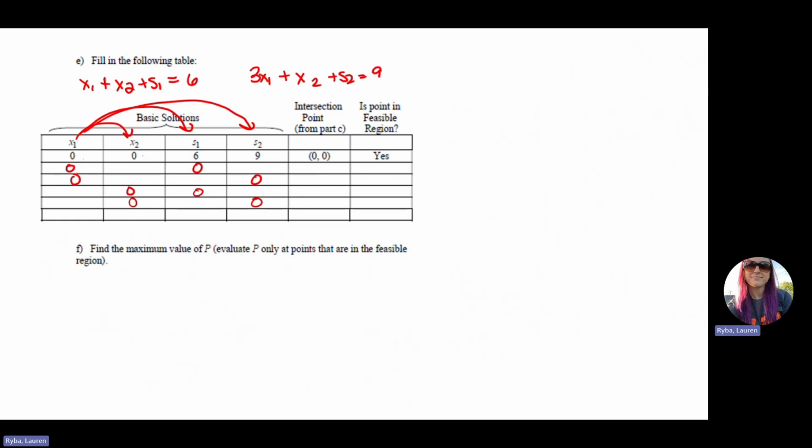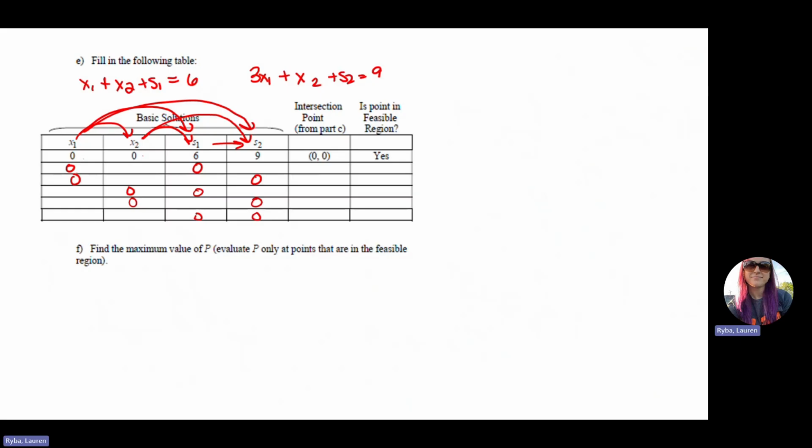Okay, so I've done X1 with everything. Now X2 has to be paired with S1, and X2 with S2. So the next rows are X2 with S1, X2 with S2, and then the last one is S1 with S2. The easiest way to find the pairs is to start by putting X1 with everything, then X2 with everything, and then take your S's together.